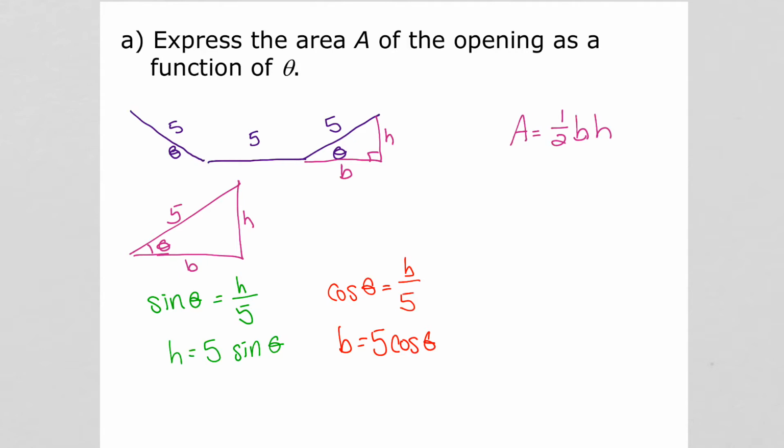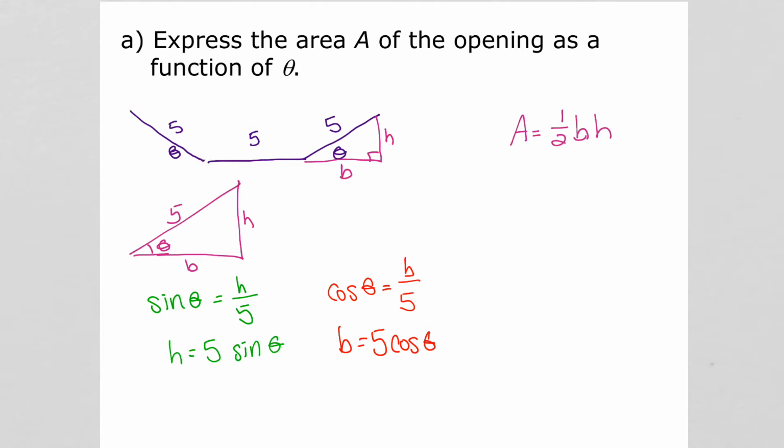Why didn't we use tangent? Because then we'd have B and H. We wouldn't have 5. We couldn't do that. We could have used secant or cosecant, but why? Sine and cosine are very straightforward. Those are the ones we usually stick with, if at all possible.